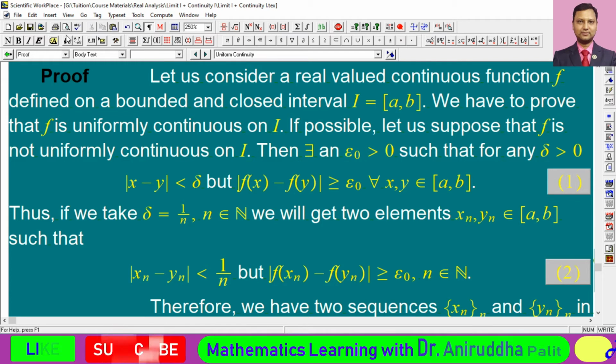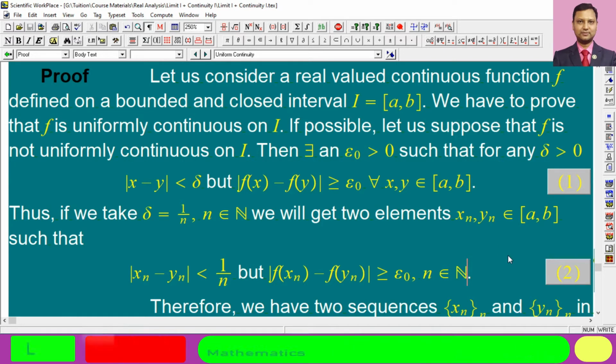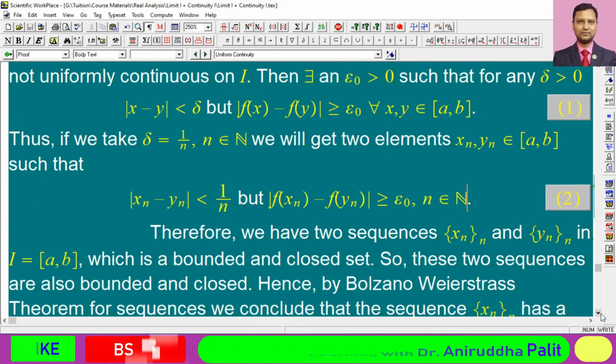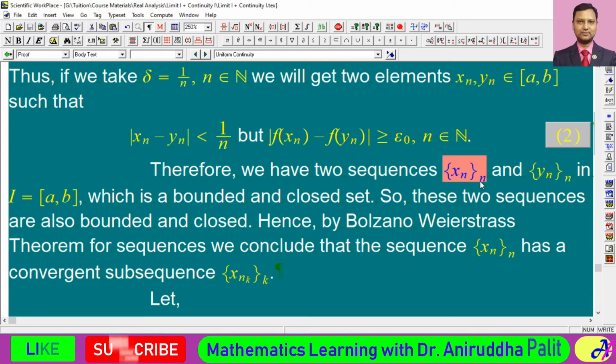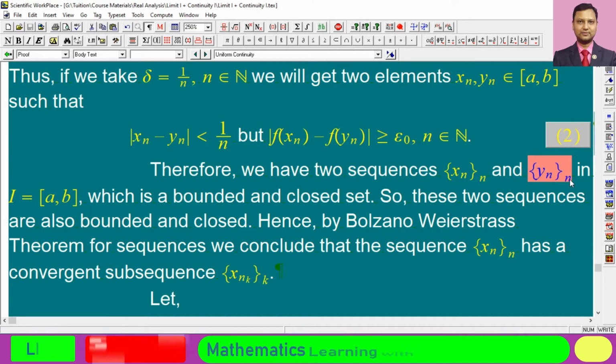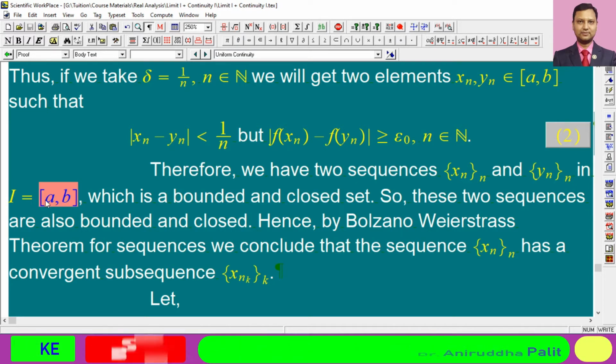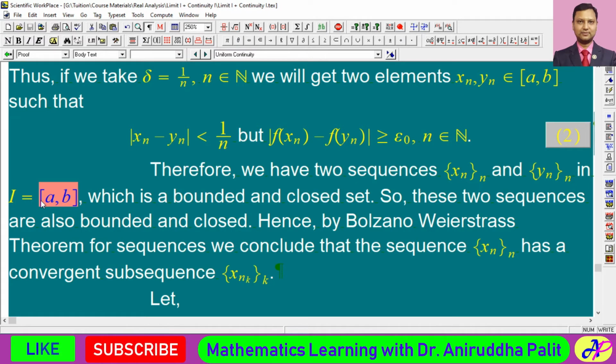So we get this second result, and now we have two sequences. One sequence is xn, and another sequence is yn. Both of these sequences are elements taken from this interval I, or the closed interval AB.